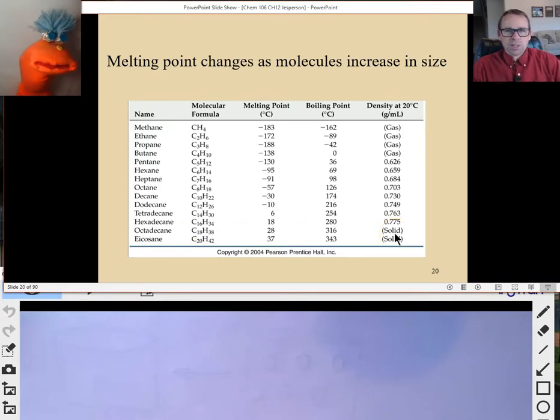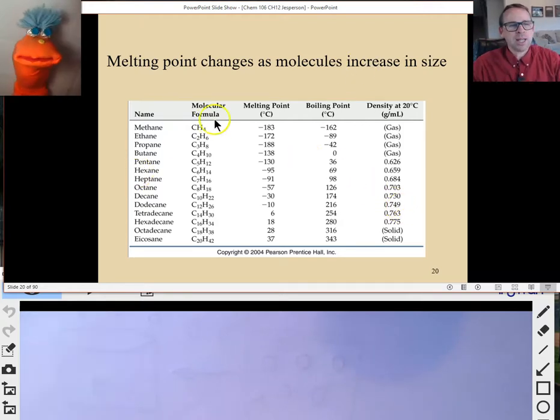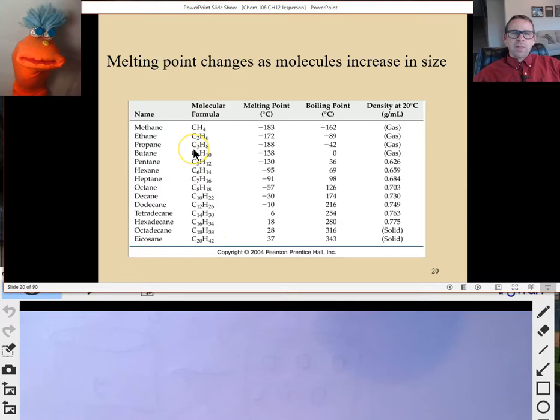So what we're seeing here is that because of the longer chains, there's an increased likelihood of these dispersion forces occurring and a change in the physical properties, melting and boiling point, and its state, gas, liquid, or solid, for these compounds.